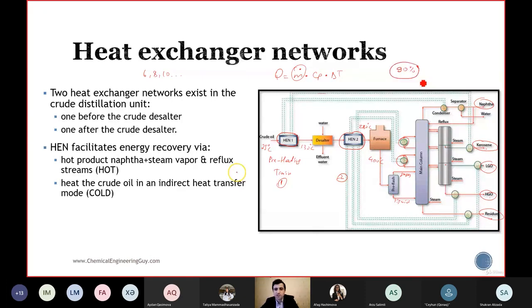It means that for the rest 10%, you use either water coolers or heaters. It means that you can use 90% of the heat in your unit, but for the 10%, you have to use the cooling water or fuel gas as heater. This is important.